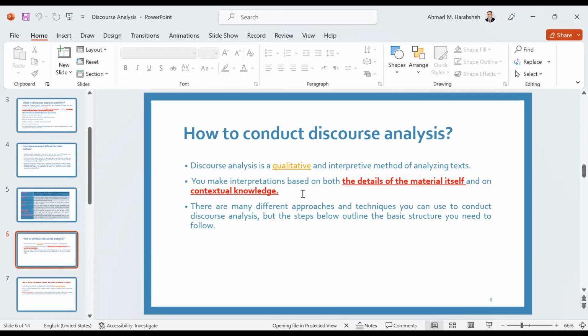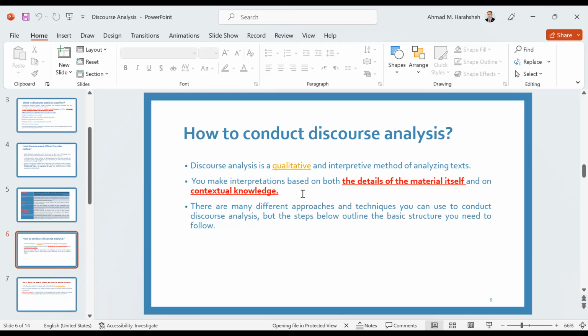Encyclopedic knowledge means your knowledge about the real world, or the knowledge that is related to the text itself. Imagine you are analyzing a text about the Russian-Ukrainian war, for example. You should have background information about this war. If you analyze a text about a certain novel by Najib Mahfouz or whatsoever, you have to have an idea about this novel.